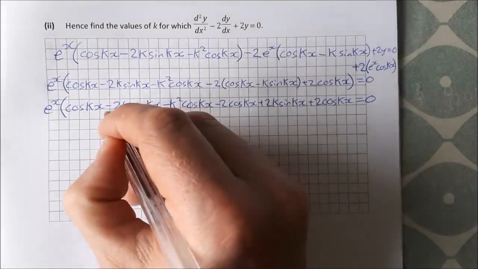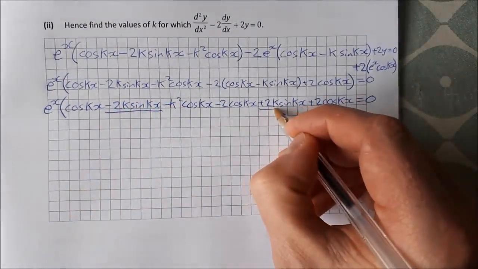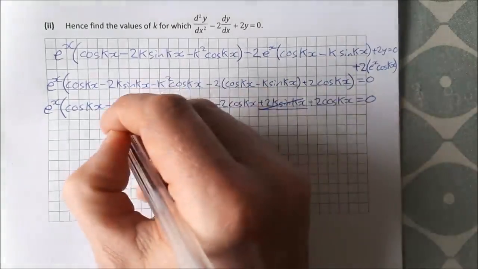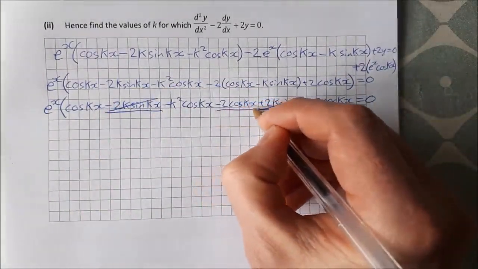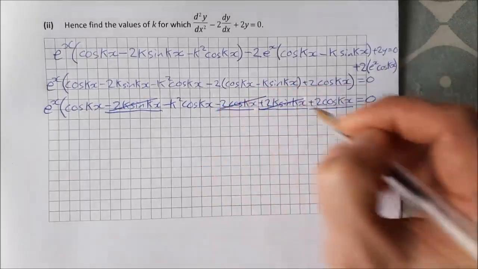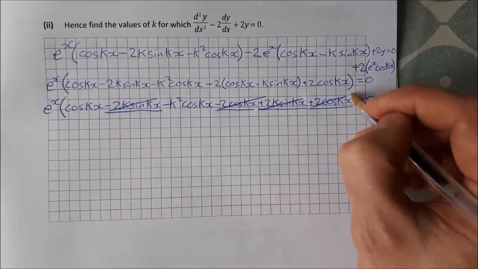So I have minus 2k sine kx here, and I have 2k sine kx there. So those two will cancel out with each other. And here I have minus 2 cos kx, and here I have plus 2 cos kx. So they will also cancel out with each other. So it gets a lot easier for me now.